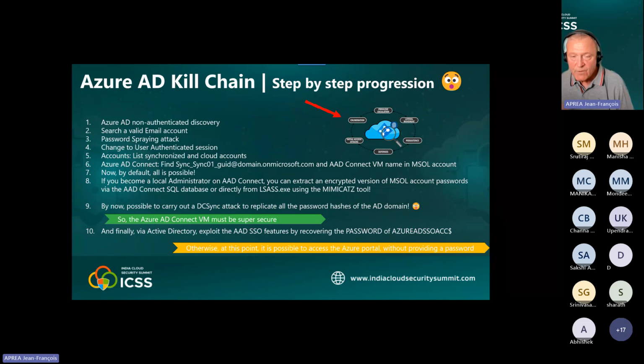So the first step is always the discovery of the environment, with unauthenticated exchanges between the attacker and the tenant.